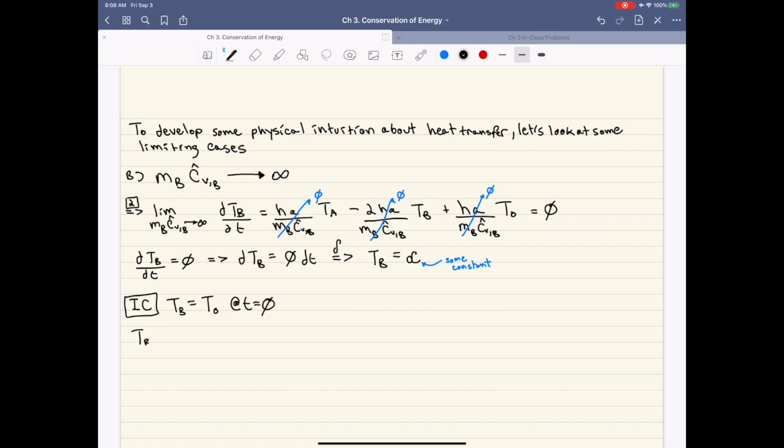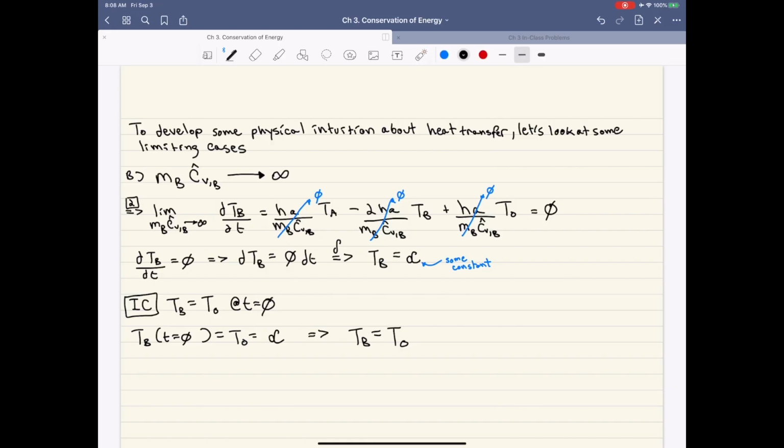Therefore, TB at t equals 0 equals T naught, which is equal to alpha. And so that just means that TB is equal to T naught, which is a constant. Okay? So mathematically, if we assume that this product of MB CVB approaches infinity, we get that the temperature of the cylinder just stays constant. Okay? So mathematically, that's what the equation reduces down to.